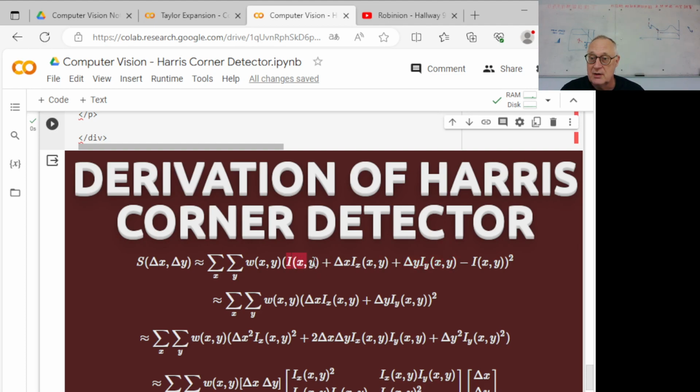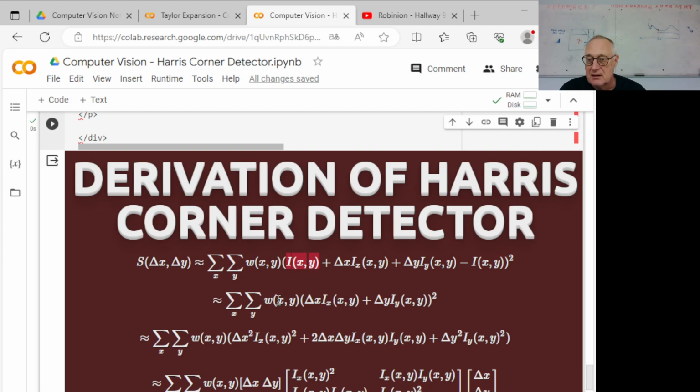So this would be the Taylor expansion up to level 1 for x plus delta x, y plus delta y. Then we subtract that from the known value I(x, y), and square it. So the I(x, y) cancels out here. So the actual intensity at that point is not important.